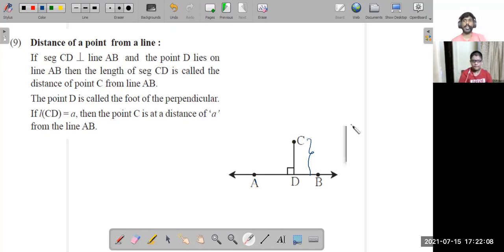Yes, sir. Now, there are different methods, different ways of finding the actual length, but you just have to understand the meaning of distance from.